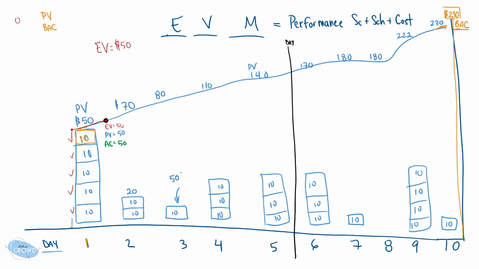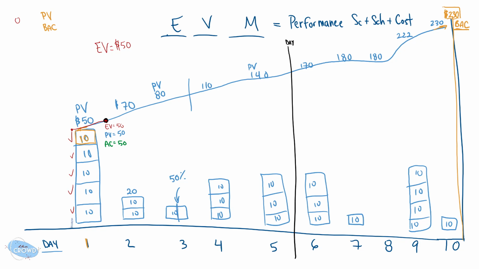Let's say I got 50% of it done. At the end of day 3, let's say everything up until that is done, but this one's only worth 10. So in my thinking, we had planned to earn 80, but I got half of this done.